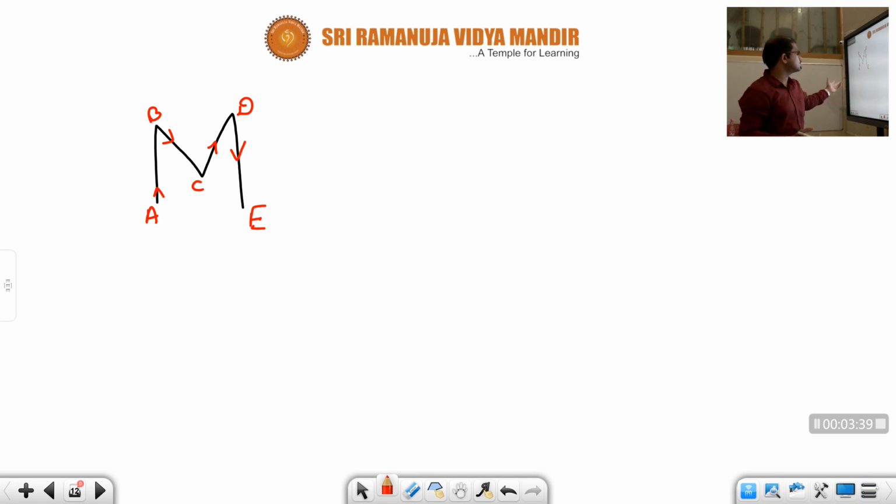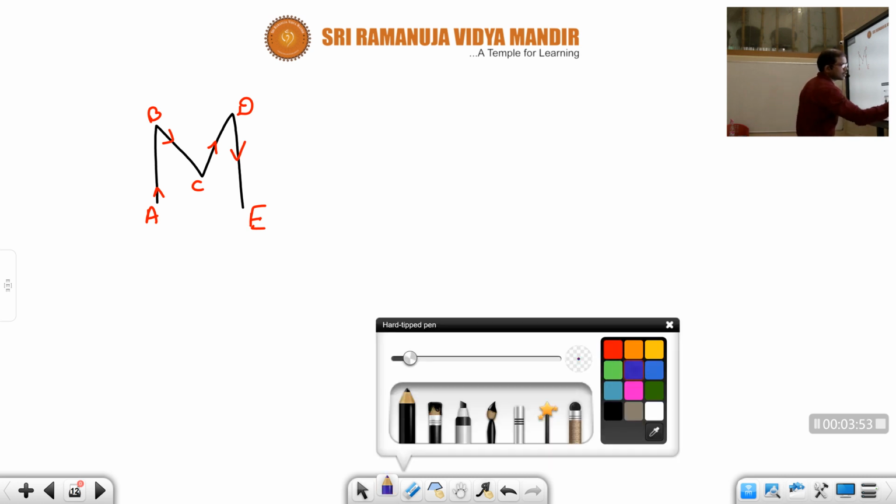Children, suppose this diagram is given to you and the question is, what is the path of the particle? How can you write the answer?